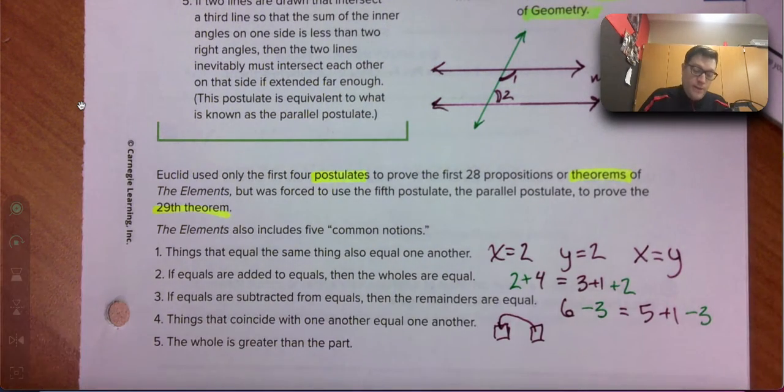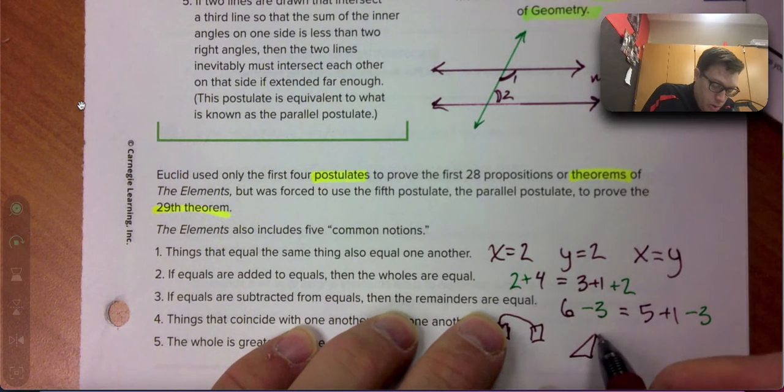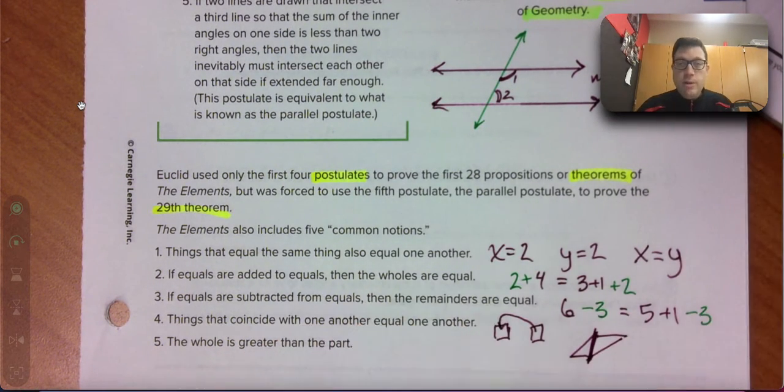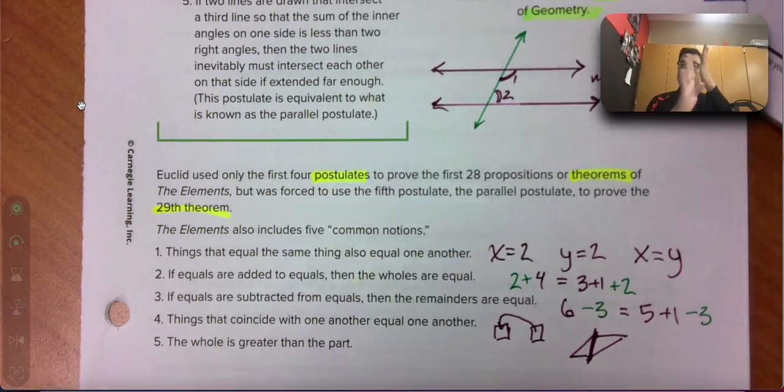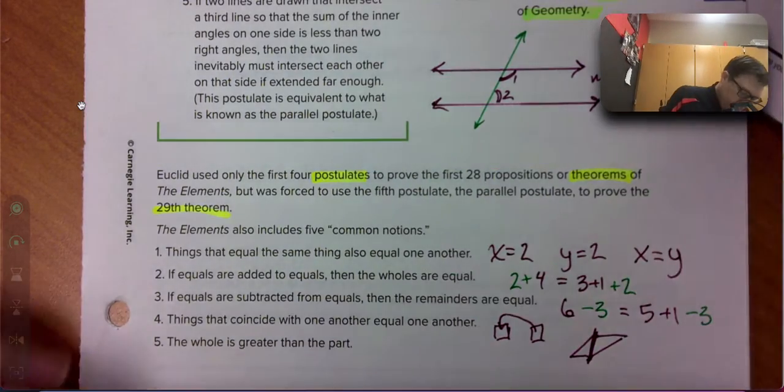Or if I draw a triangle like this and another triangle like that, this line segment shared by both of them must be the same length because both triangles have a side that lines up, that coincides. Math word.